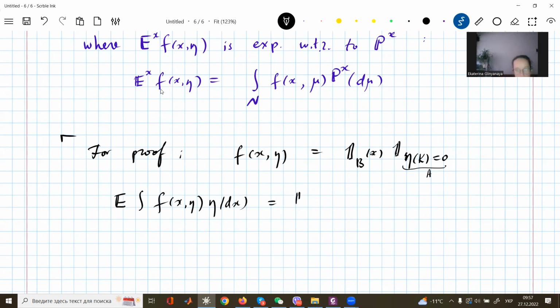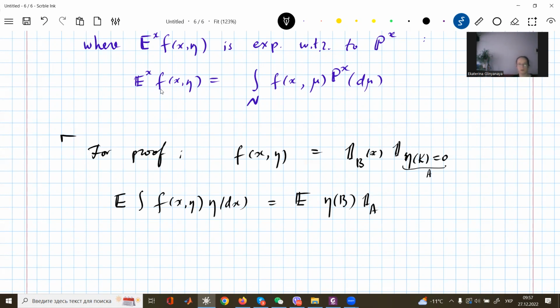If you integrate, you will count the number of points in B. And with respect to the second variable, this will be just the indicator of some subset A.